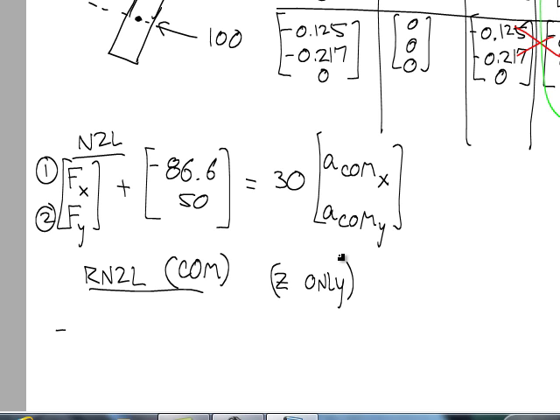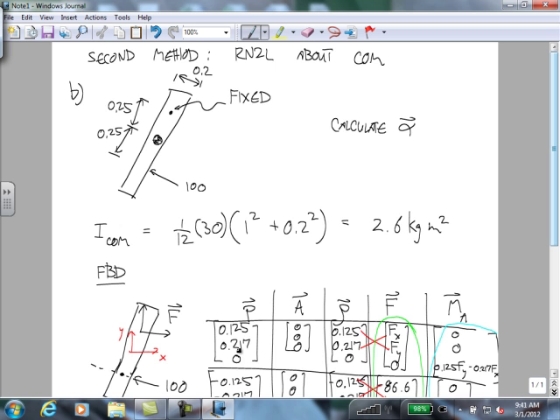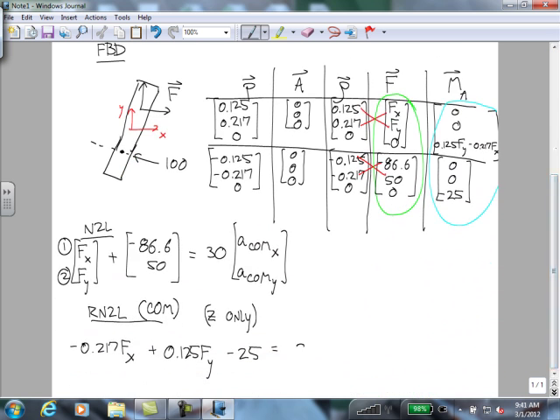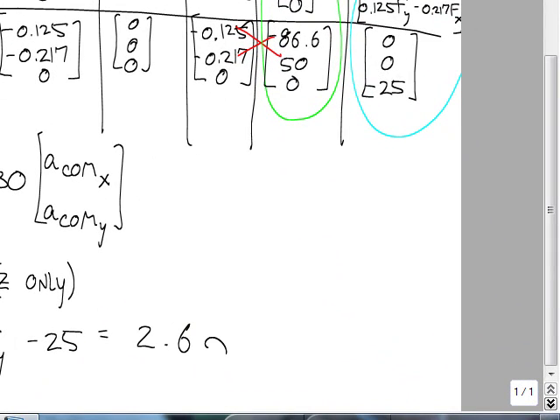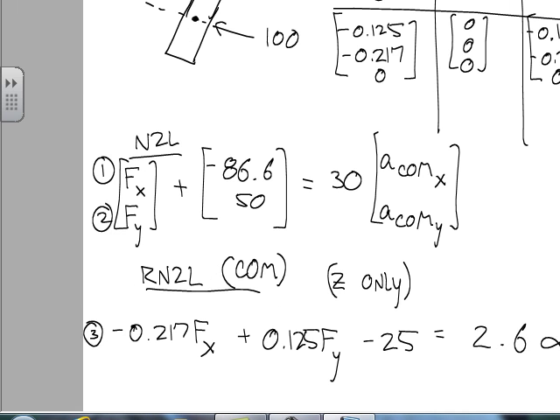So we get negative 0.217 fx plus 0.125 fy minus 25 is equal to the moment of inertia, 2.6, times the angular acceleration. And that's a third equation.